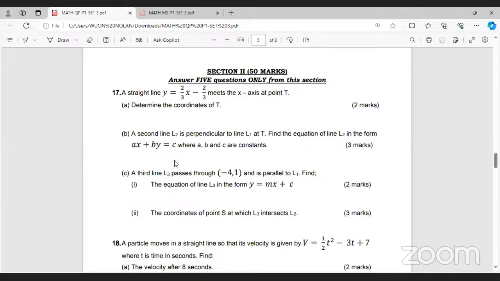Someone to tell me what we know about perpendicular lines. Meshak. Meshak Abuyabo.